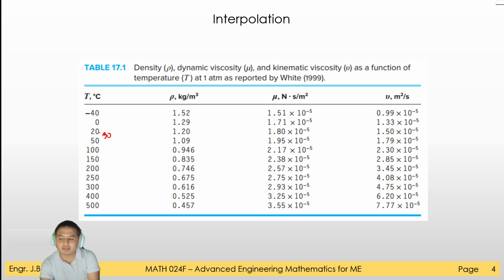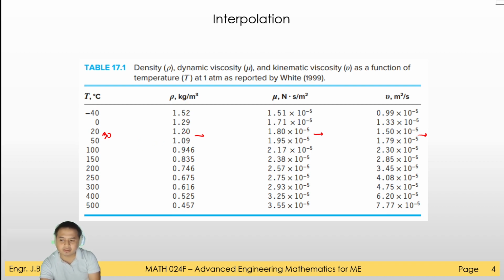There are different ways to estimate. We cannot really guarantee exactly, but we can find out the other properties here as well. So we can try the simplest way of finding this data in between 20 and 50 degrees Celsius. The first one that you're already familiar with is linear interpolation. And linear interpolation is usually sufficient in handling these scenarios.